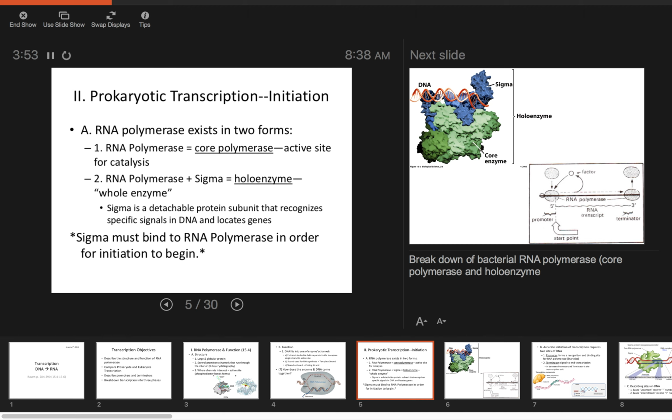You have a core polymerase called the RNA polymerase, and when it bonds to something called sigma, then it becomes a holoenzyme, which means whole enzyme, a functional enzyme that does what I've just described: unzip DNA, bind to it complementary. Sigma has to bind to RNA polymerase in order for initiation to begin. So when you just have RNA polymerase by itself, it's just the core polymerase. But when sigma binds to RNA polymerase, now that enzyme is whole, it's functional, we can start the process of transcription.